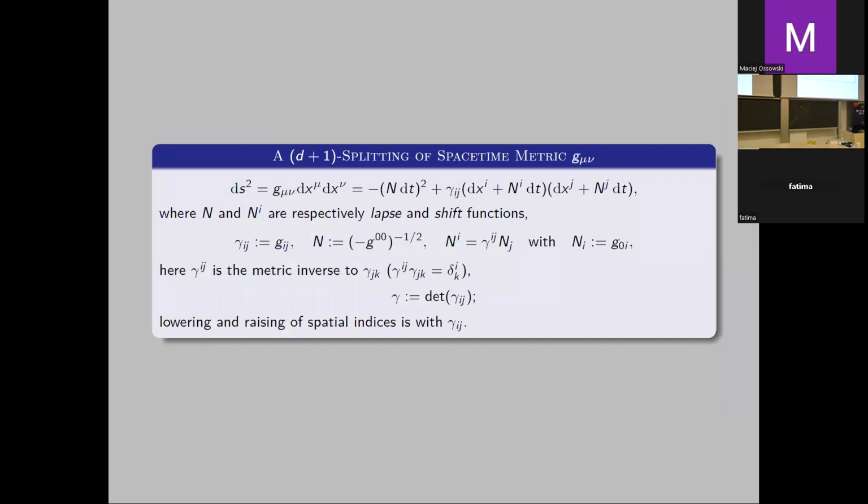As usual, in any Hamiltonian formalism of general relativity, we split spacetime into the following form, where N is the lapse function and N^i is the shift vector, and gamma is just the space part of the D-dimensional metric. Gamma is the determinant of this space metric.